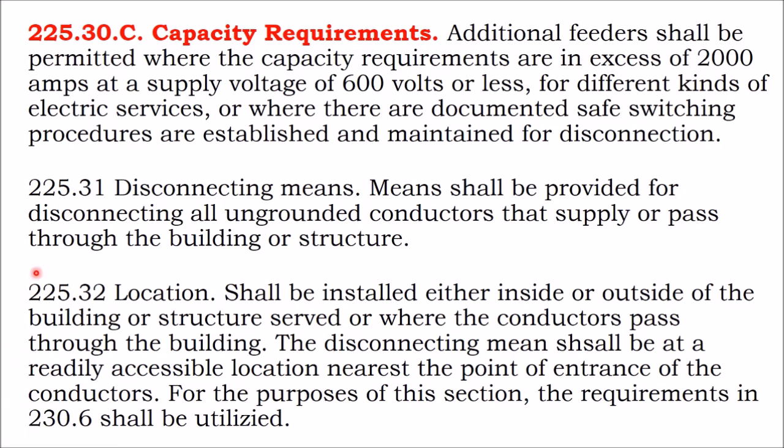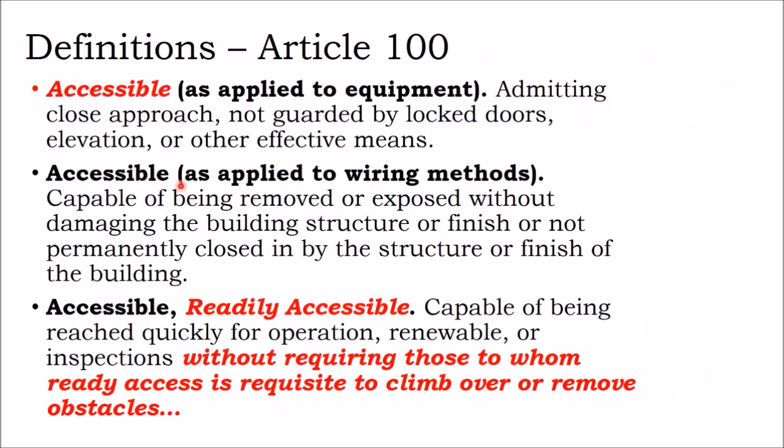They're not as concerned about you having a switch inside your garage to access, although that might be convenient for your customer. Utilities want this external disconnect switch to be right by the point of entrance for the electricity into the property.